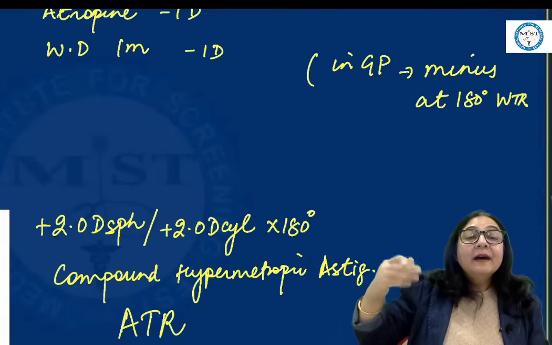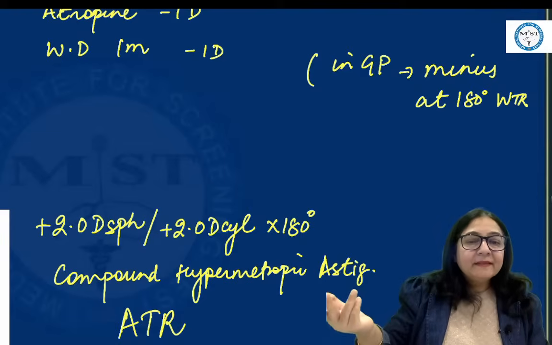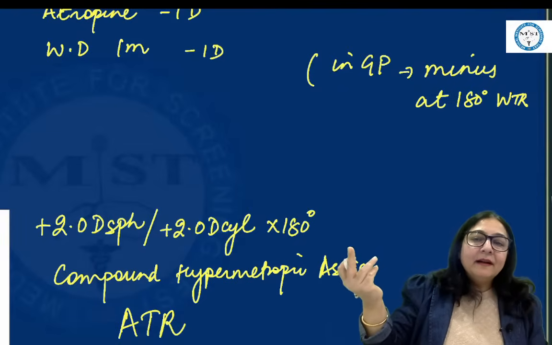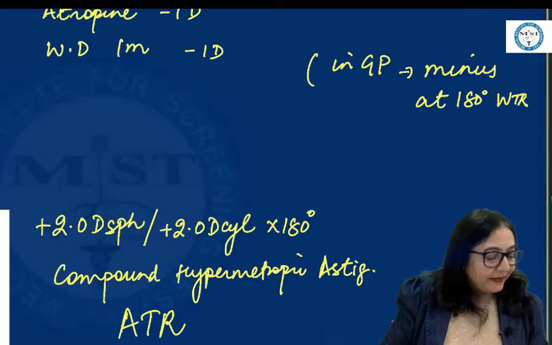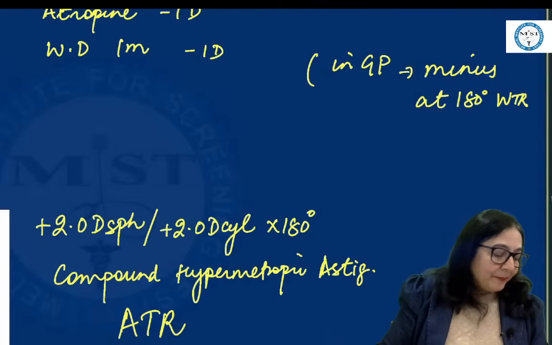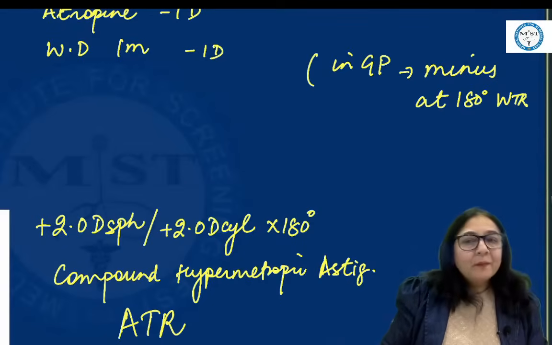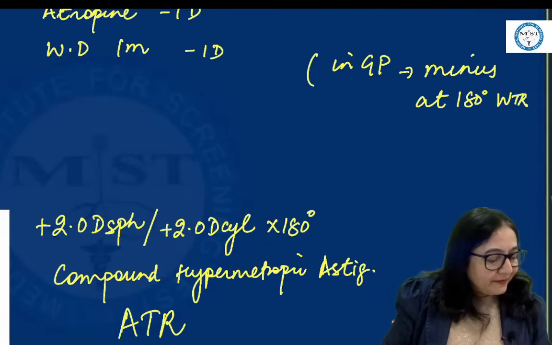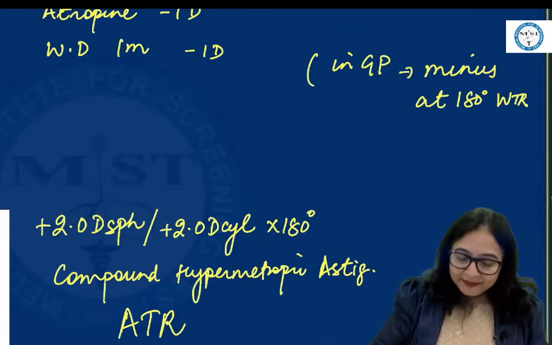So if it is plus at 180, it means it's against the rule. If it is minus at 90, it means it's against the rule. Right? So minus at 180 or plus at 90 is your with the rule. I hope I am clear with this.